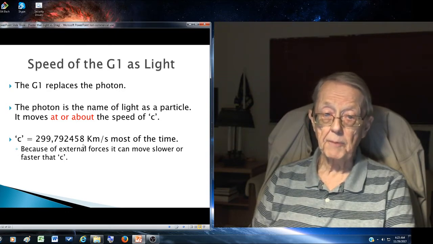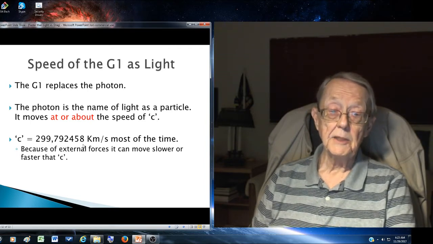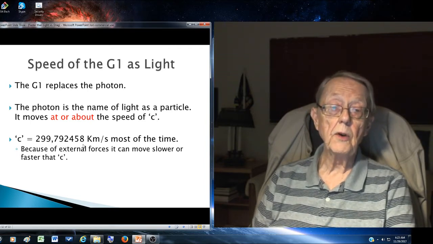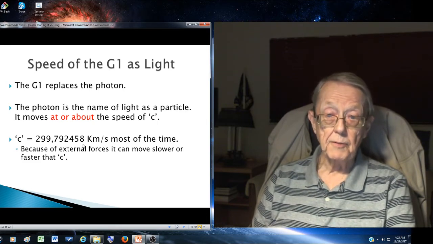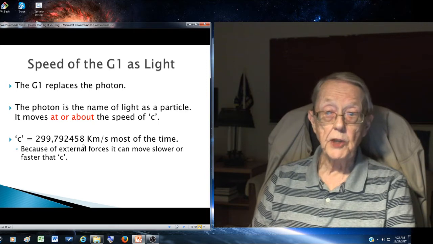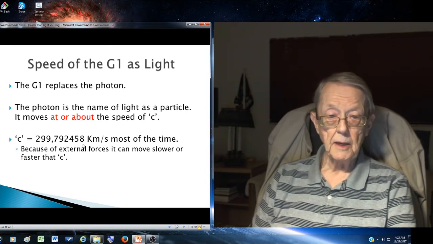c. Now that phrase, at or about the speed of c, is a phrase I'll use over and over again because the speed of this particle can change. It can be accelerated and decelerated, and I'll talk about that in a moment. Here's the value.